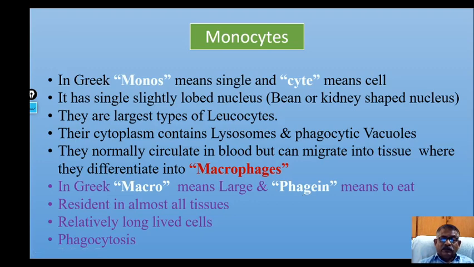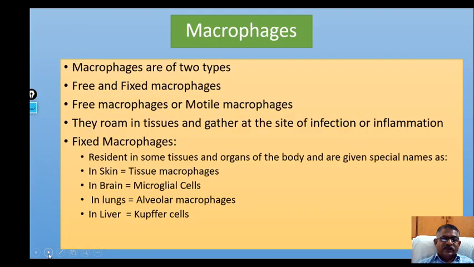They live for a longer period of time, maybe months or years, and have phagocytic activity. Macrophages are of two types, fixed and free. Free macrophages, also called motile macrophages, roam in the tissue and gather at the site of infection or inflammation through chemotactic movement.